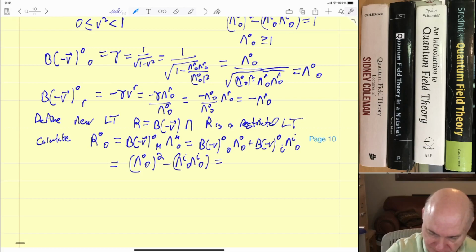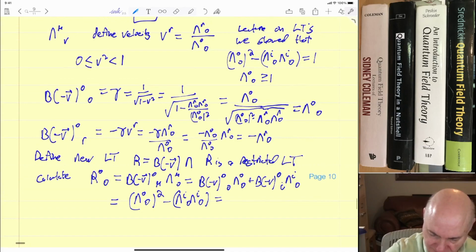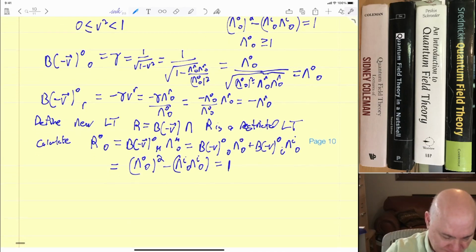If you remember our identity, it's right over here. This is equal to 1. So now we have real good things, because what we've established is that R00 is 1. This implies, and I'll explain why shortly, that R is a rotation.